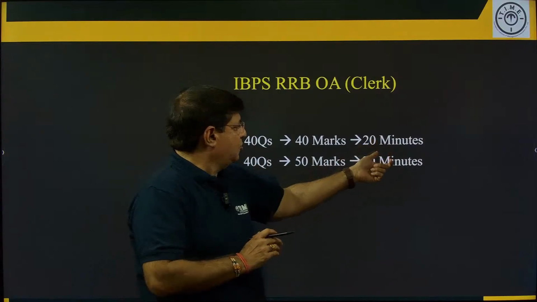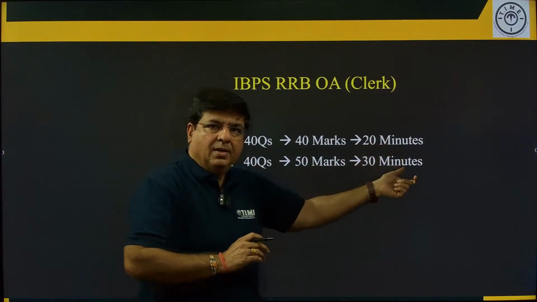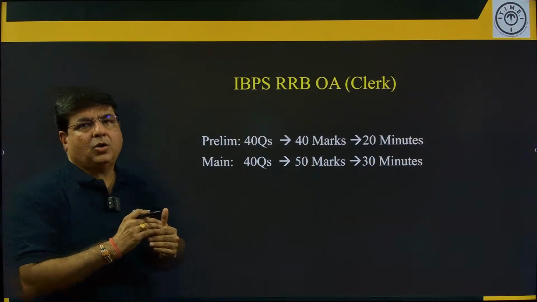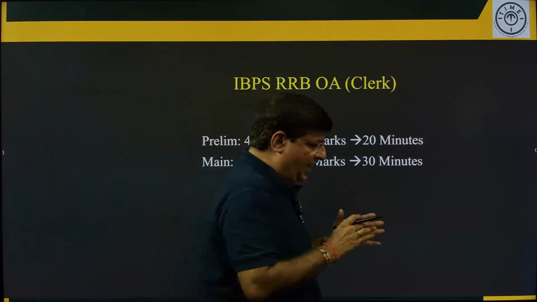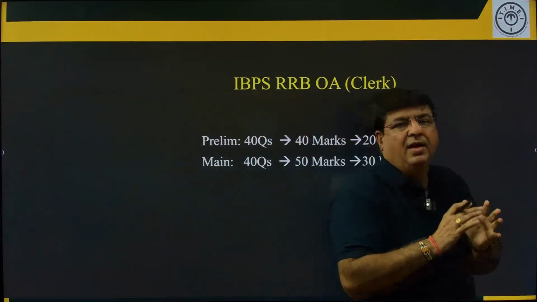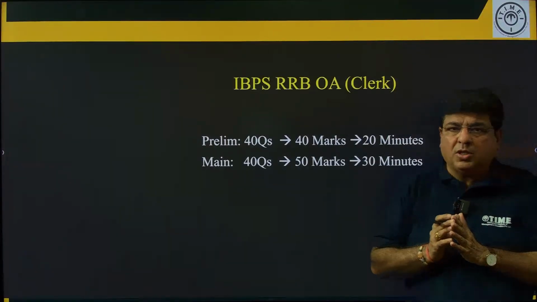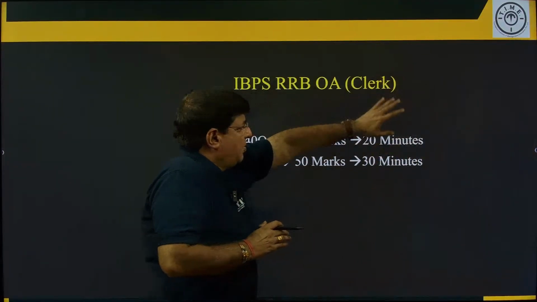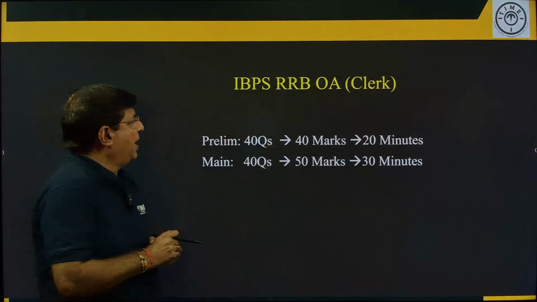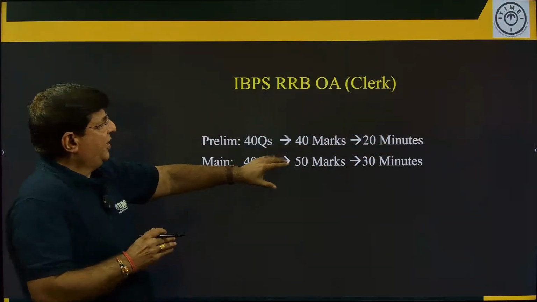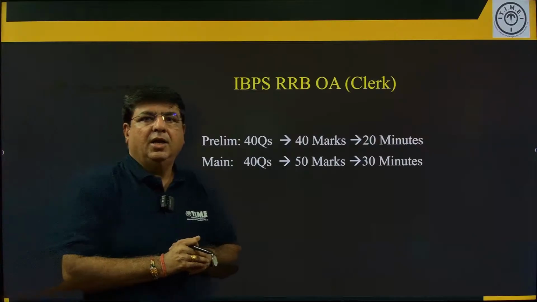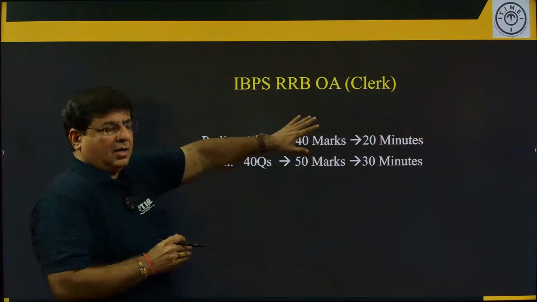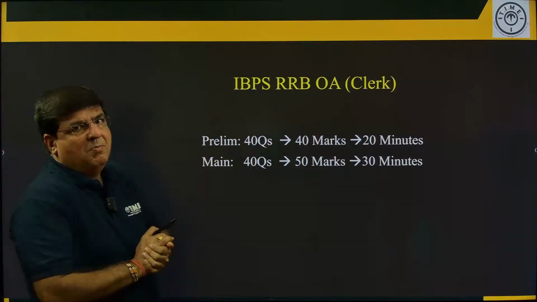Even though the time is more when compared to prelim, the difficulty level of the questions in mains will be much higher. And again, even in mains, speed and accuracy are both of utmost importance. So this is about the timing, marks and number of questions of the numerical ability section of IBPS RRB clerk in prelims as well as mains.